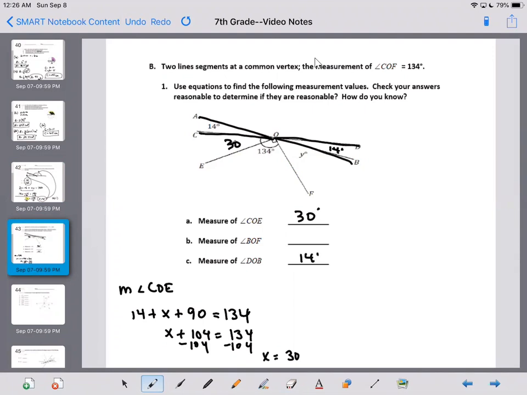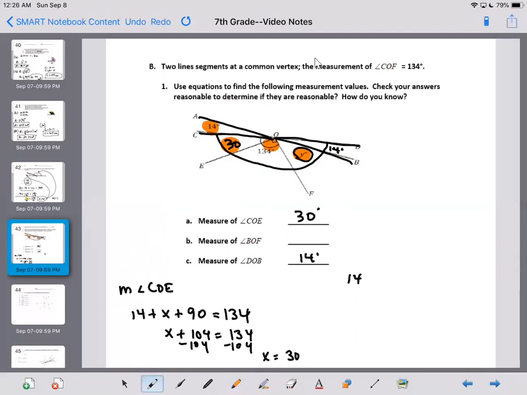So the only thing I'm missing is Y. So I can look at a straight angle here, and that would be to find DOF. I know I've got 14 plus 30 plus the 90 plus the Y is equal to 180 degrees.